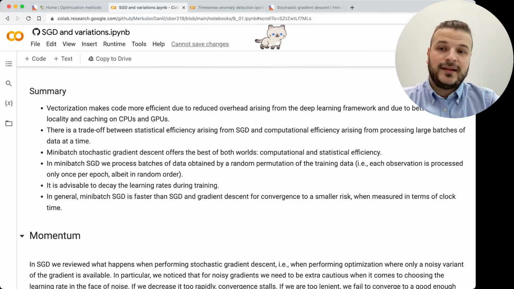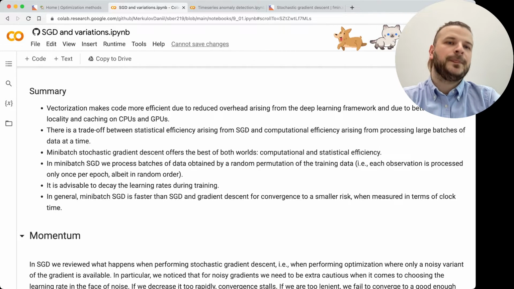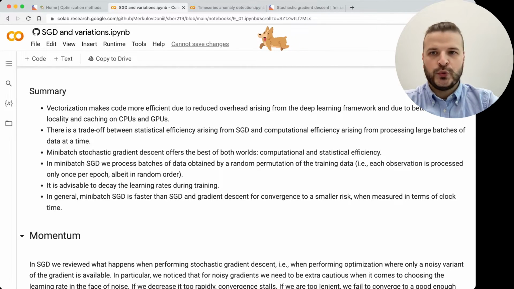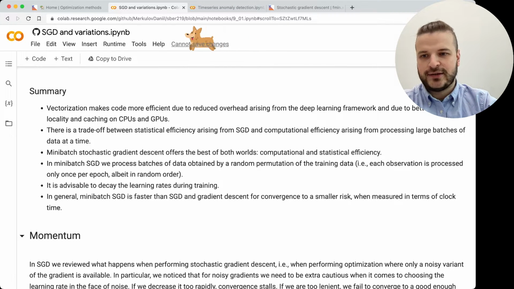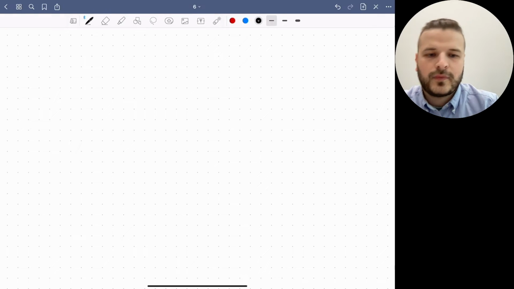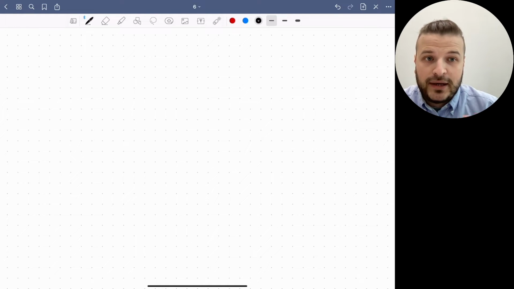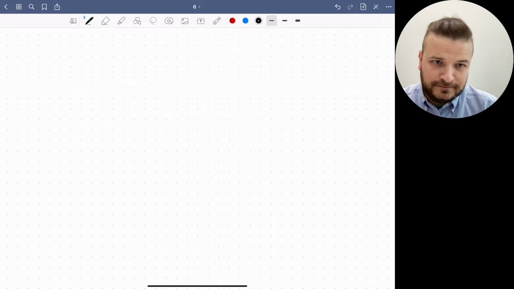And let's talk a little bit about how to speed up this training, and we'll switch to the handwriting here. Okay, we still have two open questions about selecting the main hyperparameters for stochastic gradient descent.